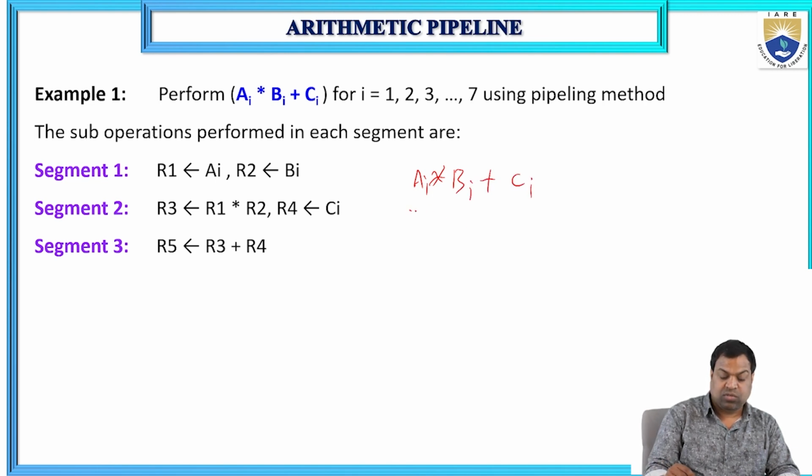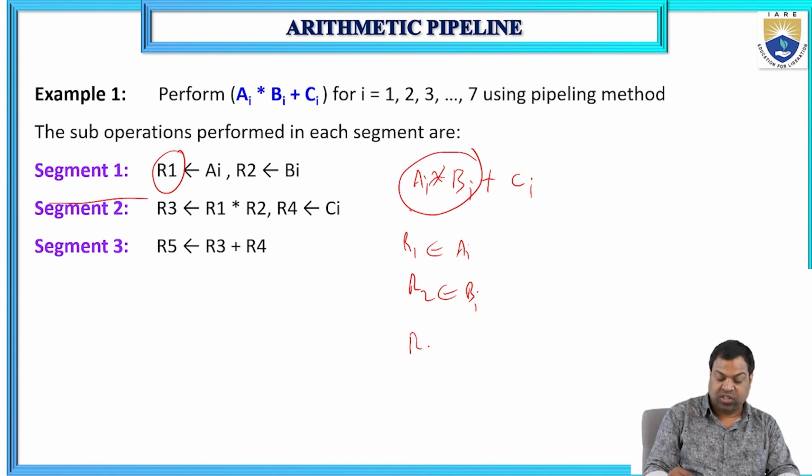So now what is segment 1 here? I am taking R1 equal to AI and R2 equal to BI. So A into B, that is R3. R3 tends to R1 into R2, where R1 and R2 are the A register value and the B register value.